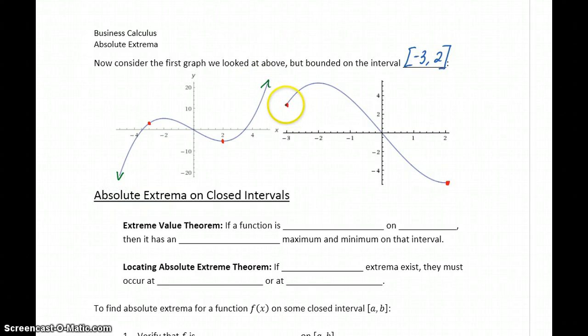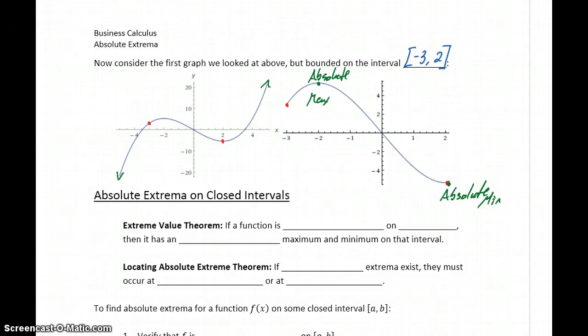So if we restrict this function so that while initially it continued decreasing and increasing at both ends, now we have a hard stop where that function doesn't continue past this point, doesn't continue past this point. What we end up with is what was originally a local maximum becoming an absolute maximum. And what was originally a local minimum now becomes an absolute minimum.